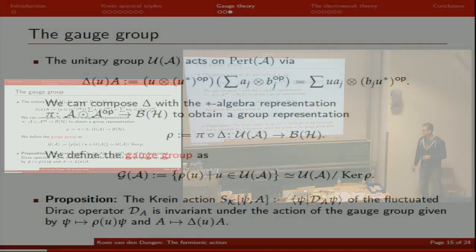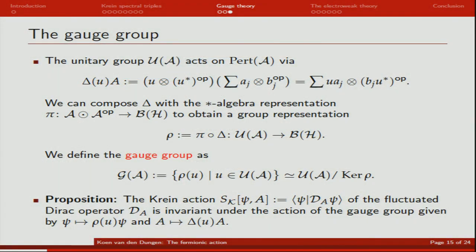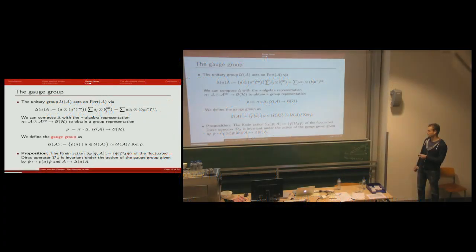Right, and then the point is, of course, that the Klein action, which I defined, is invariant under the action of the gauge group. So if I act on psi via this representation, and I act on A via the map delta. Now, it's a small subtlety that this is not actually an action of the gauge group, because even if I know rho u, it doesn't mean I know u.